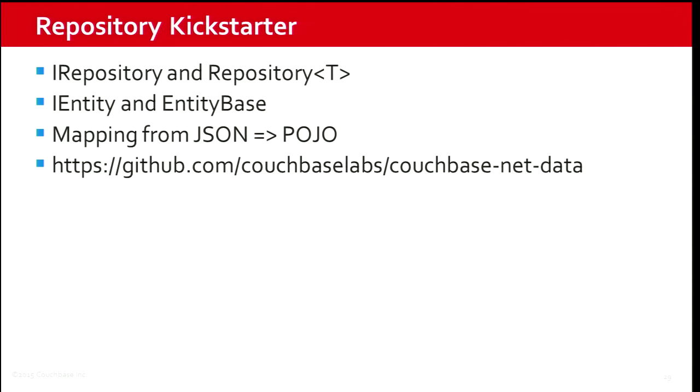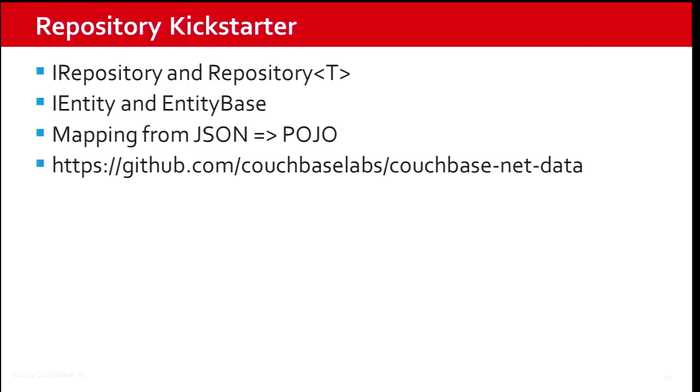Like I said, in GitHub we do have a repository Kickstarter using Couchbase as a persistence layer or backend. In it you'll find an IRepository interface and a base implementation of repository. You'll find an IEntity interface and an entity base implementation.